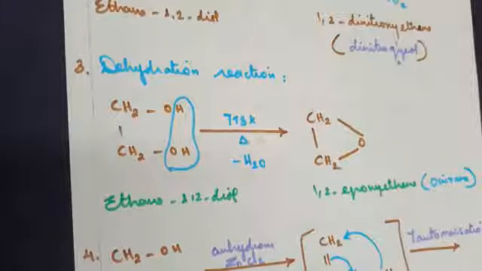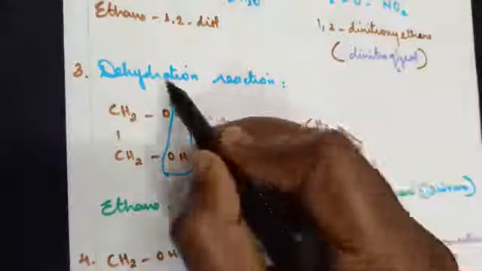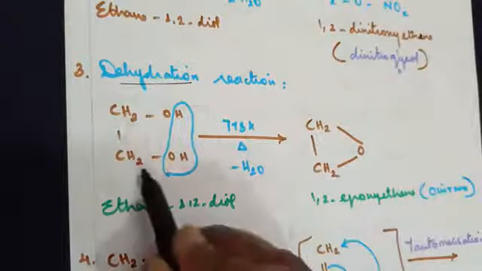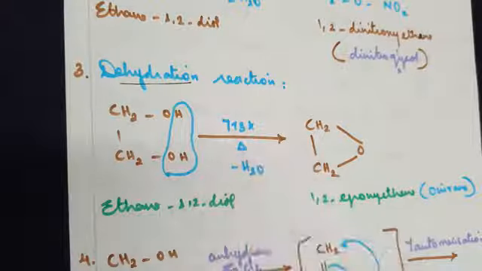Moving to the third type of reaction, that is the dehydration reaction. The word dehydration again talks about removal of a water molecule. Glycol, when we heat it to a temperature of 773 Kelvin, a water molecule is lost.